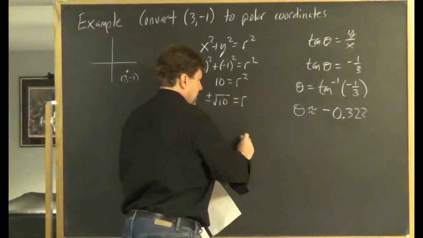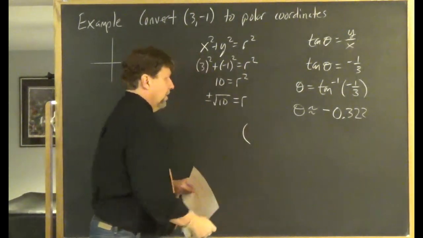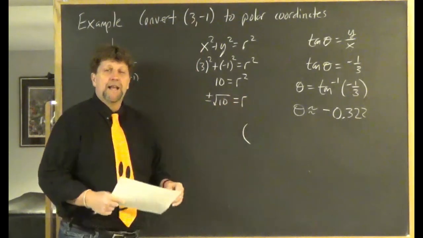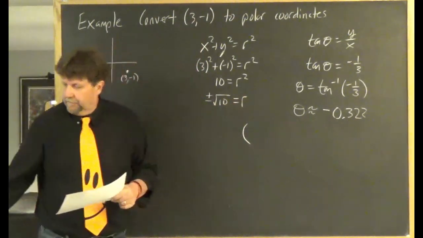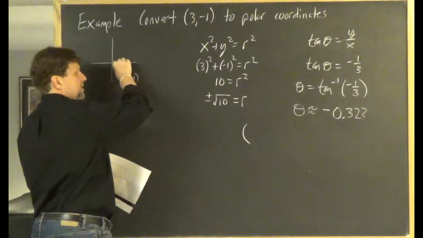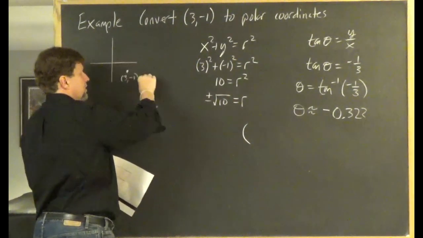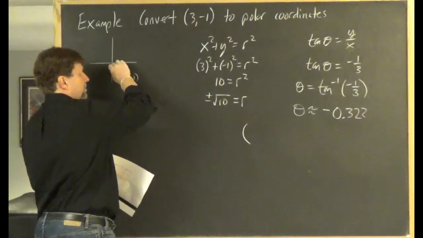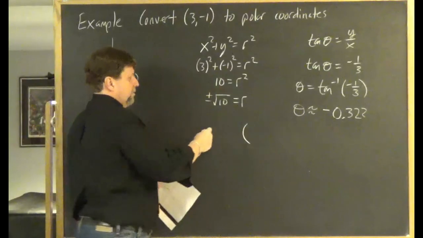All right, so now I can come up with polar coordinates for this point. If I use that negative value of theta, remember, with a negative value my polar axis would rotate in this direction and stop at this point. So I'd use the positive r to come along the polar axis.